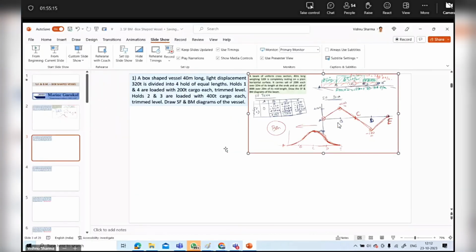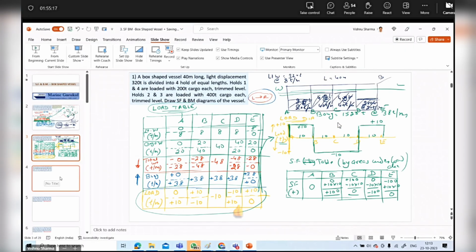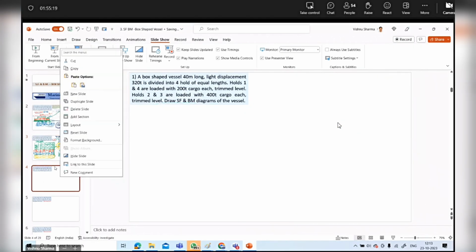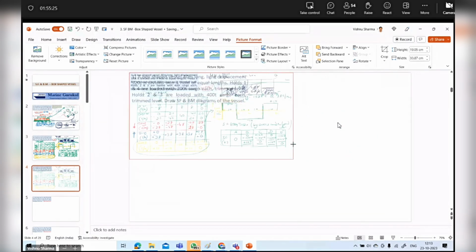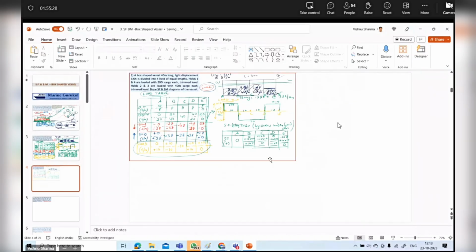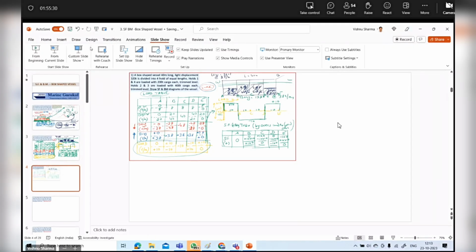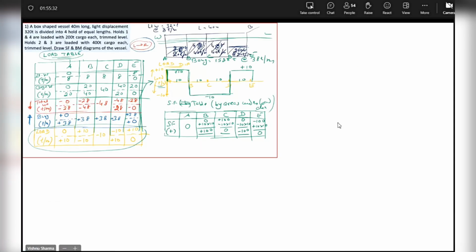I'm keeping it; I can take you back if there is any need. Now we will make the SF diagram, and the SF diagram will have its shape drawn from the load diagram. So now we make the SF diagram from these values in this table.